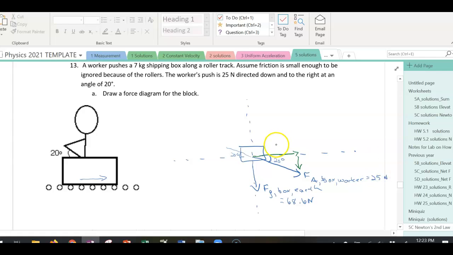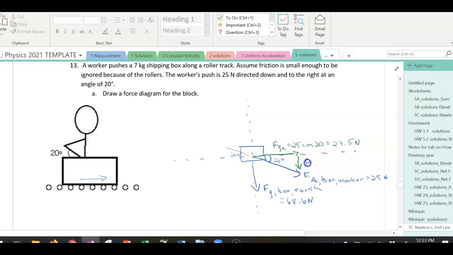And these two components, here is the x component. It's adjacent to that angle, and so it's going to be 25 times the cosine of 20, which is 23.5 newtons.